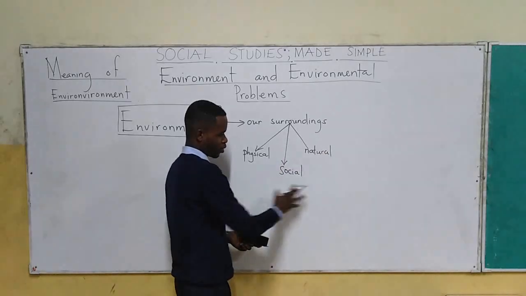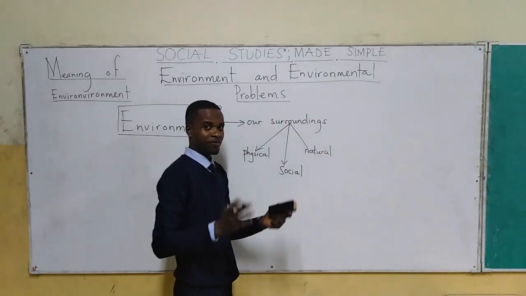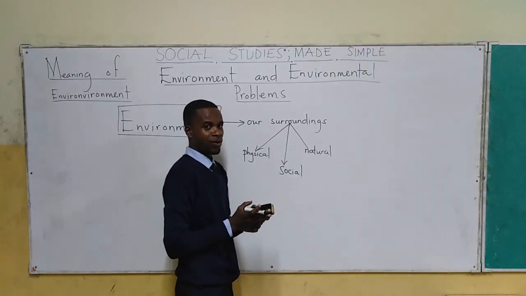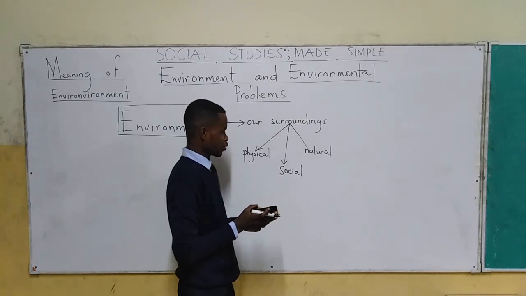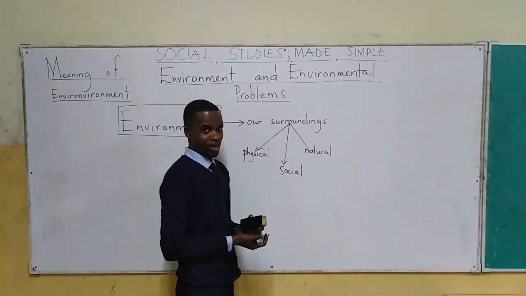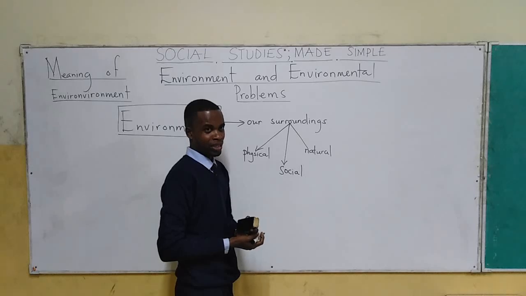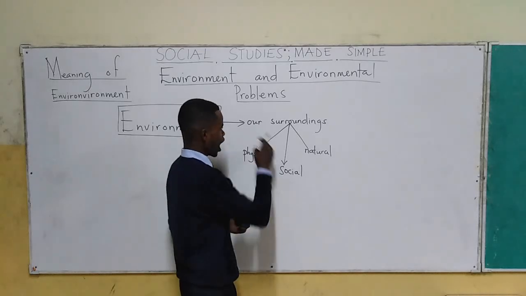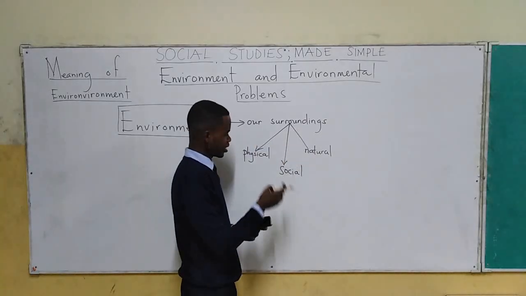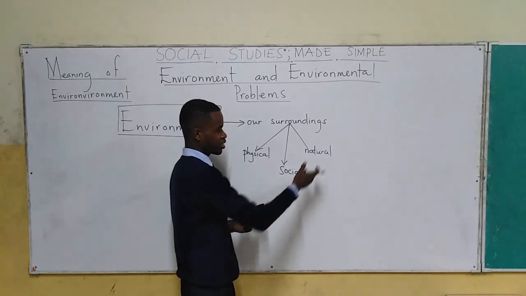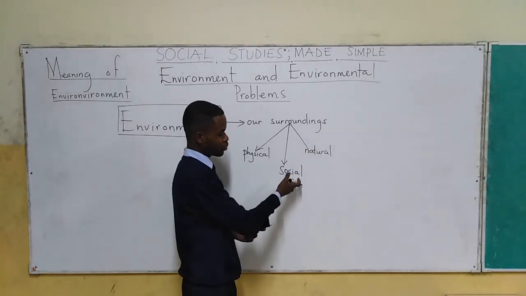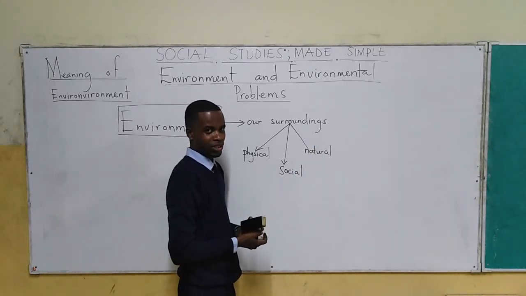We are going to put all these words together and we'll have a refined definition for our environment. So I wrote these words down because that could be words that will be occurring in your mind. Our surroundings, and these could be physical, these could be natural, and these could also be social.